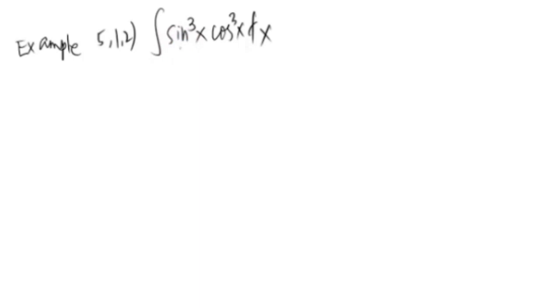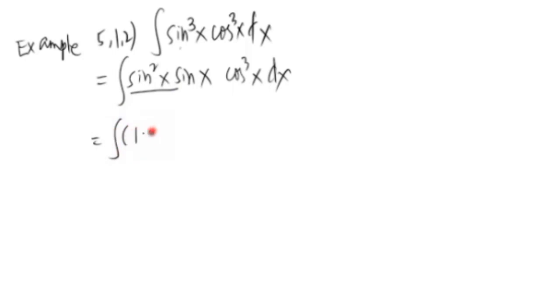So we factor out one sine, and that would be equal to the integral of sine squared x sine x cosine cube x dx. And i-express natin to in terms of cosine. So using the Pythagorean identity, sine squared x is equal to 1 minus cosine squared x. So that would be 1 minus cosine squared x multiplied by sine x and cosine cube x dx.